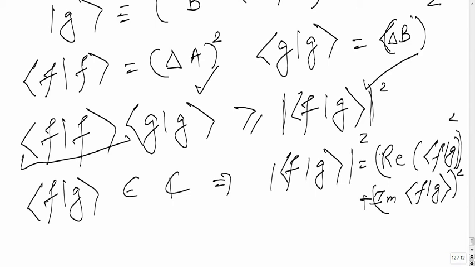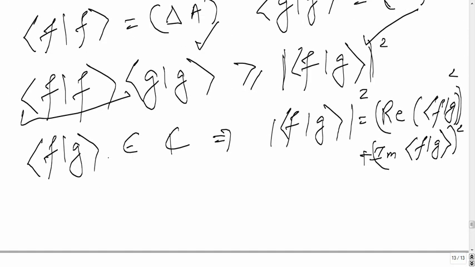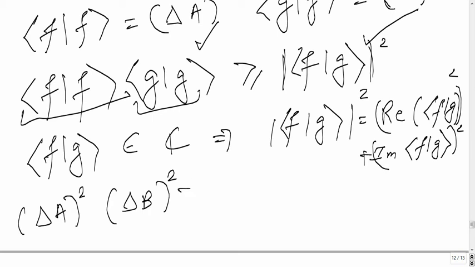Since it is squared, the square root vanishes and we only remain with the real and imaginary parts squared. As we defined earlier, these norms are nothing but the variances of the two operators A and B, and this is the inner product squared of f and g, whose magnitude squared is evaluated like this.